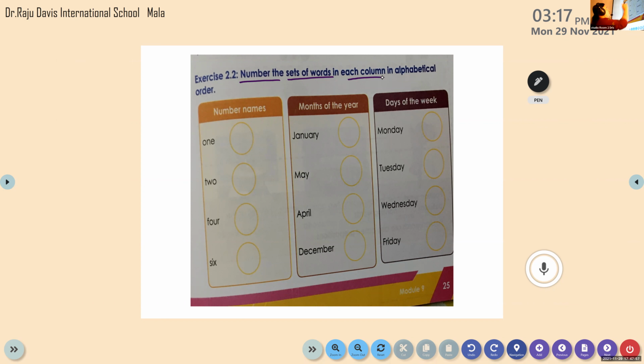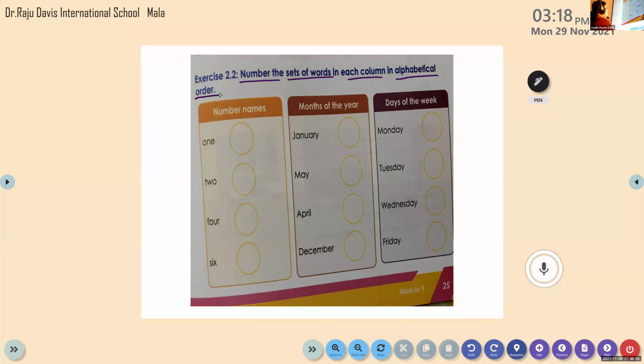No. We have to give importance to the alphabetical order, and accordingly arrange the number names, the months of the year and the days of the week. Did everybody understand? We have to number the sets according to the alphabetical order, not according to their usual order. Clear?